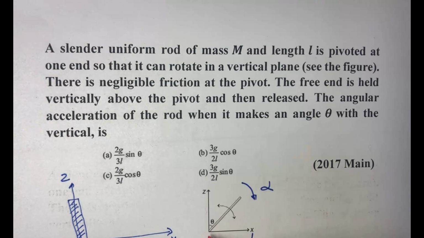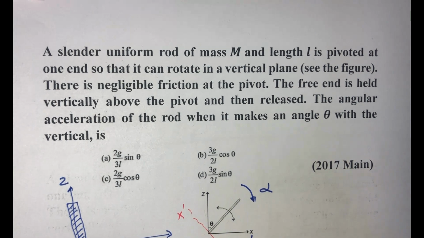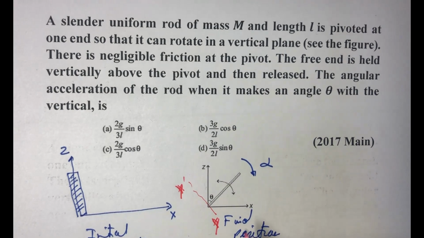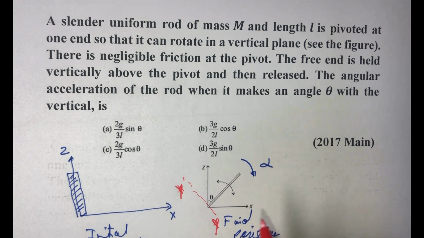It says that it pivots around this point. So let us say this has an axis x and x prime. Let us call this y, because x is already a coordinate. So this is the axis through which it is going to pivot with the angular acceleration of alpha.